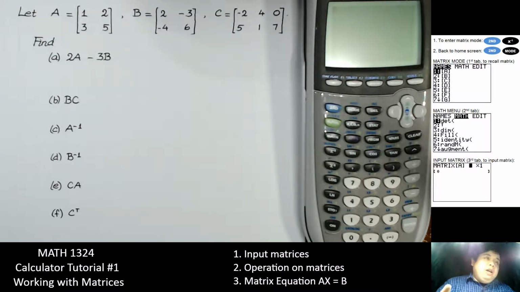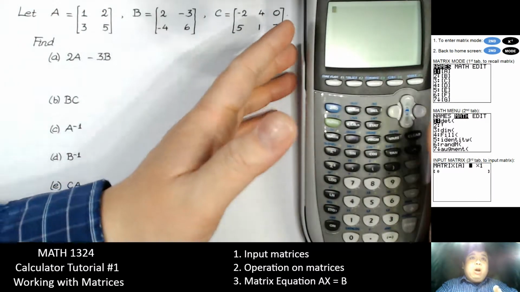Hi everybody, this is the first video tutorial on working with matrices, and we'll use the TI-83 or TI-84 calculator. On the right, you will see the topics that we'll do, and on the top there's a snapshot of what we'll do on the calculators.